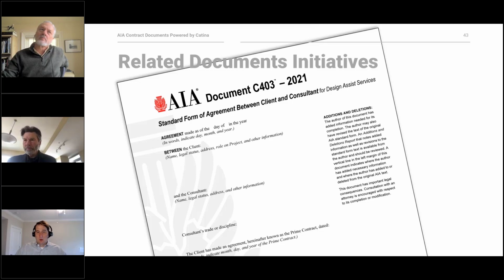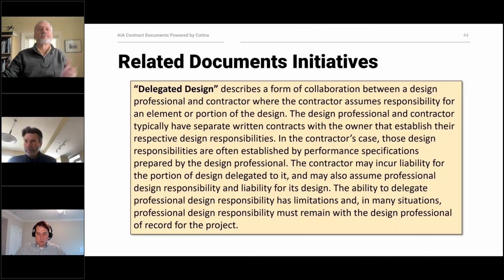Having defined what design assist services primarily consist of and how the responsibilities for those services fall between the client and the consultant, we developed an agreement to reflect those standard practices. So the C403 is a standard agreement for design assist services.